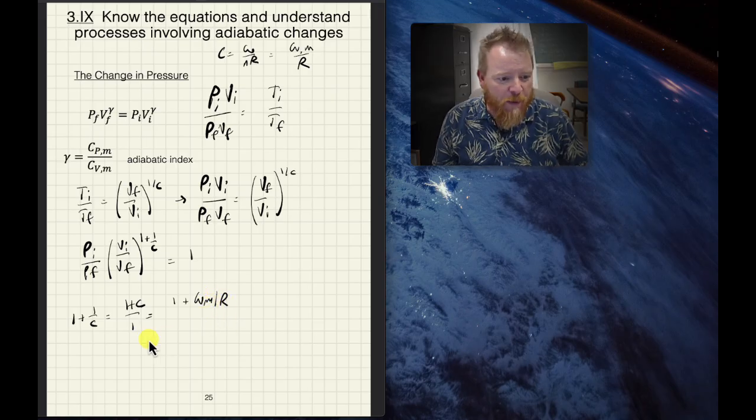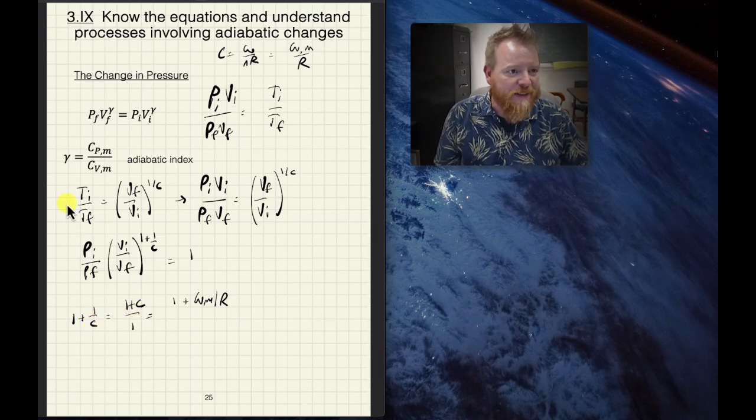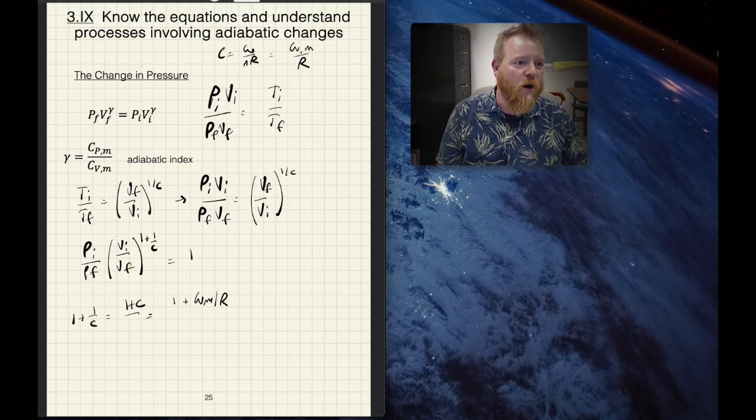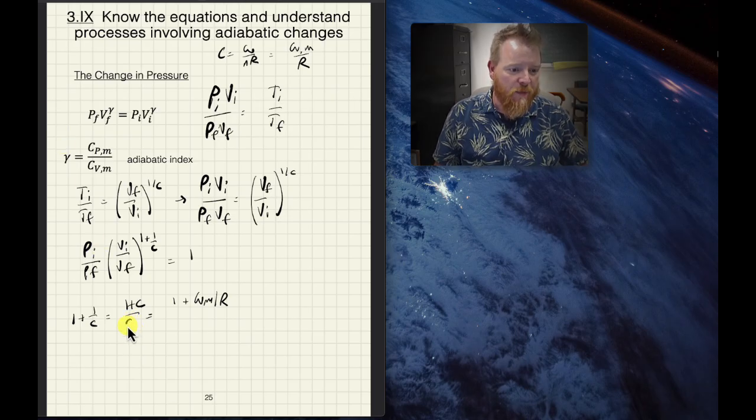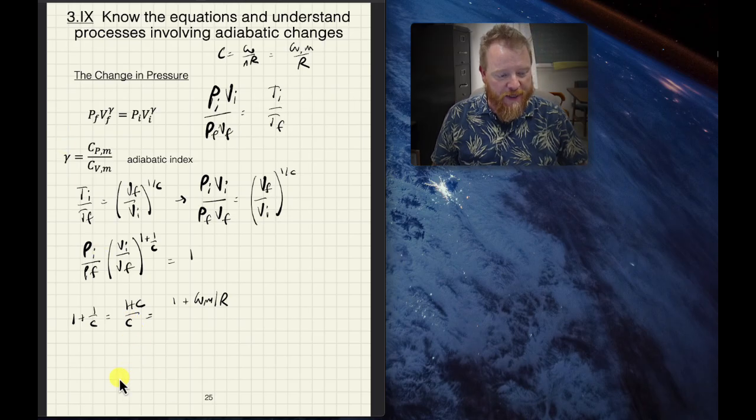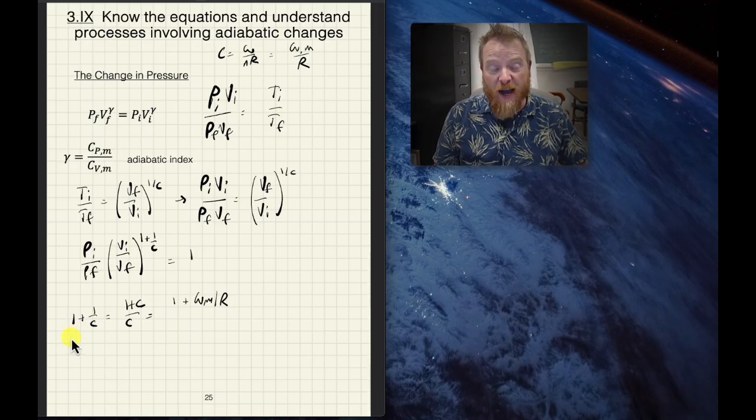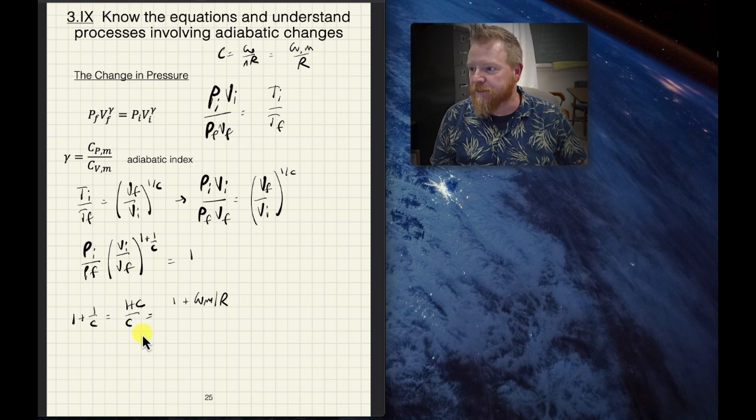Oh, I made a mistake in my algebra. So that was 1 plus 1 over C. That becomes 1 plus C divided by C. Apologies. Hopefully you caught that. Perhaps you did, perhaps you didn't. So multiplying both sides by C over C is how we get that.